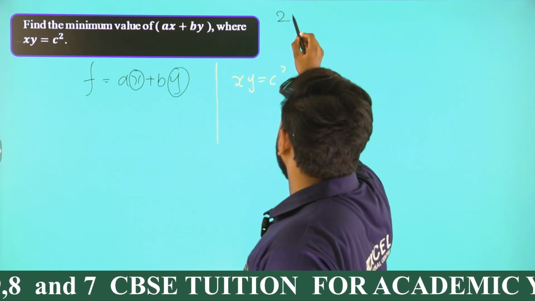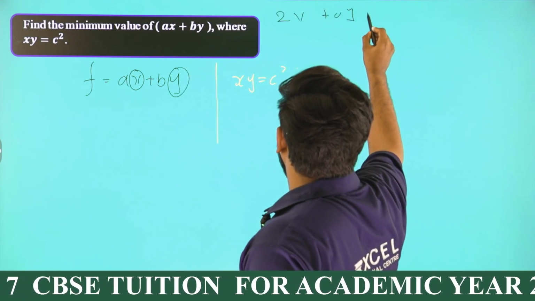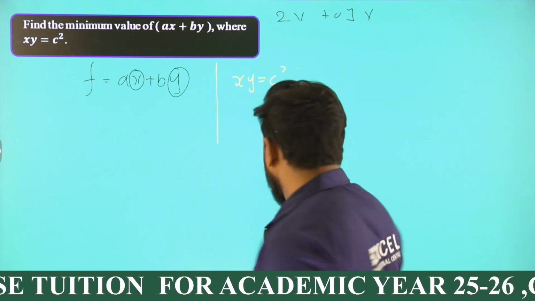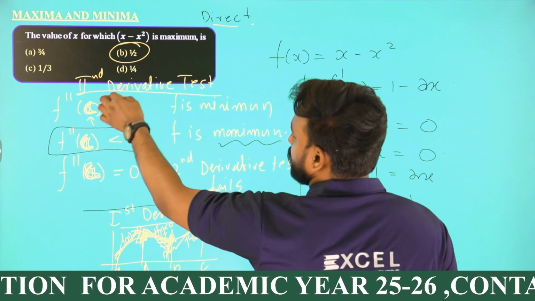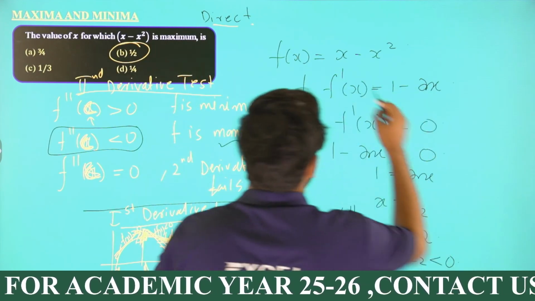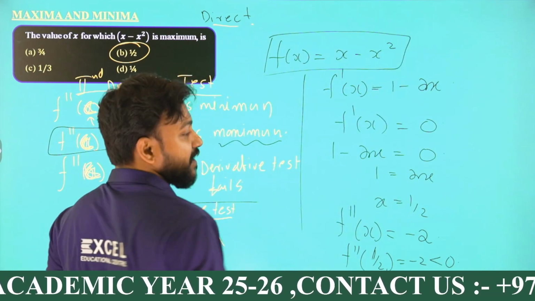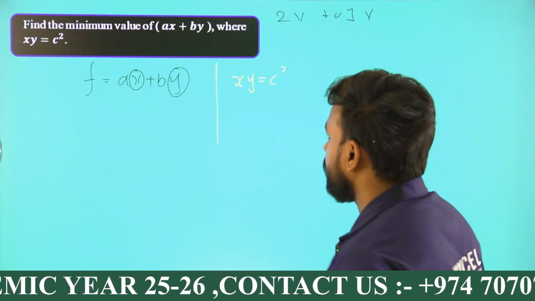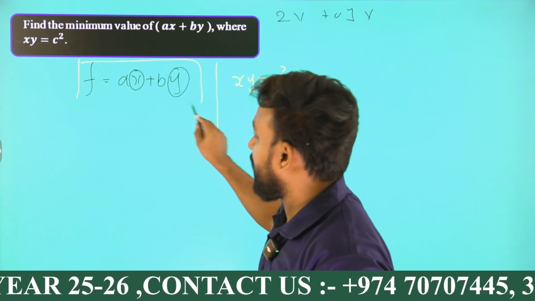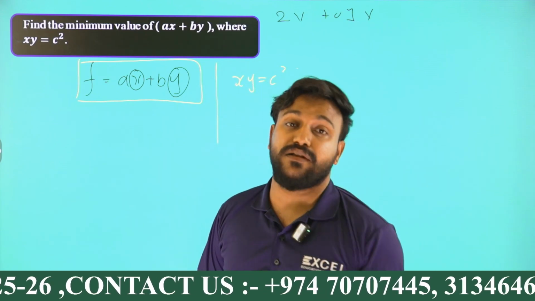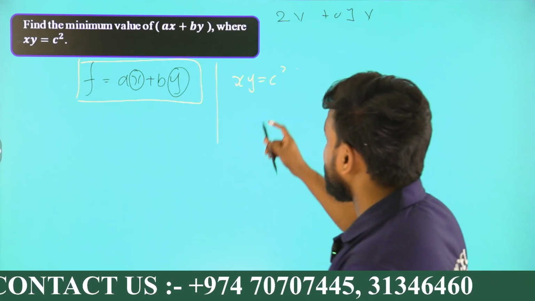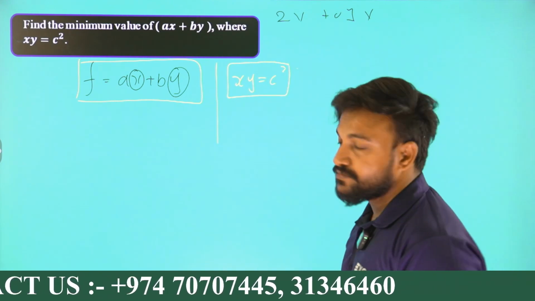So this is converting a two-variable function to one-variable form. In the last question, the function had only one variable, that is x. But in this question, you have two variables. If you have two variables, you have to convert it back into a one-variable function. That's why they have given this hint.